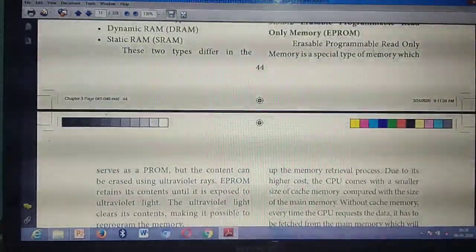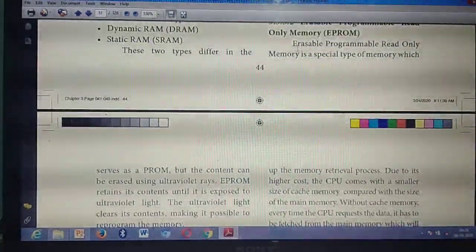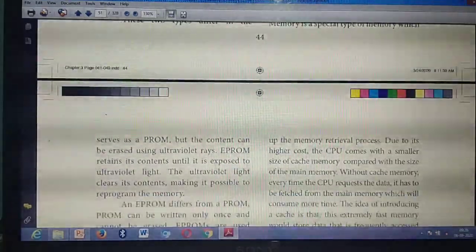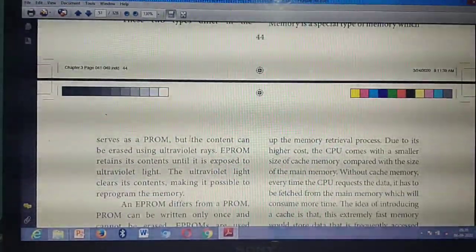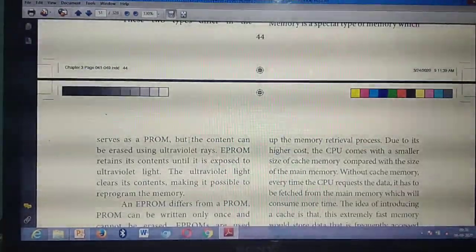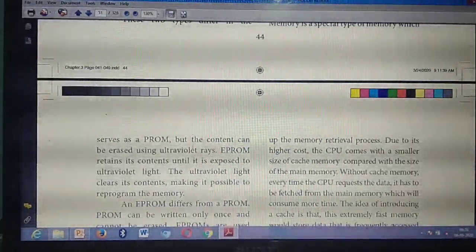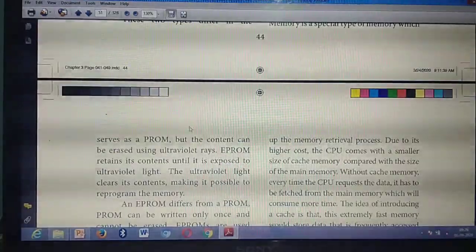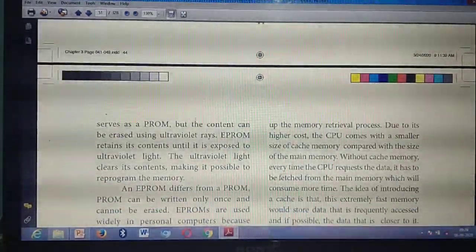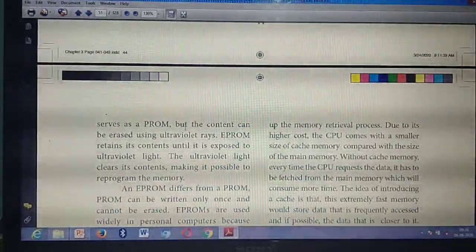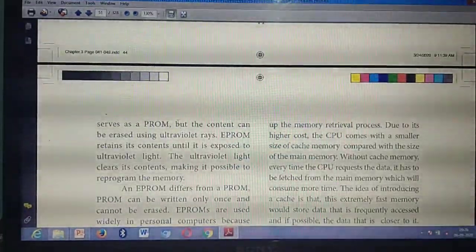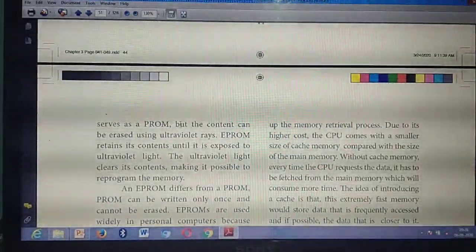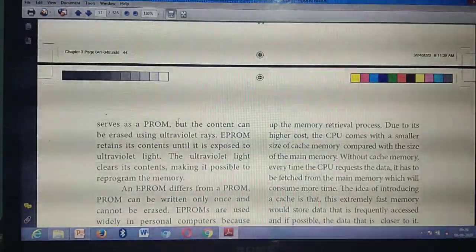From here you mark. First you write EPROM, in EPROM, from here. Page number 45, the content, mark it. In this place of the earlier word, cut it and write in EPROM.